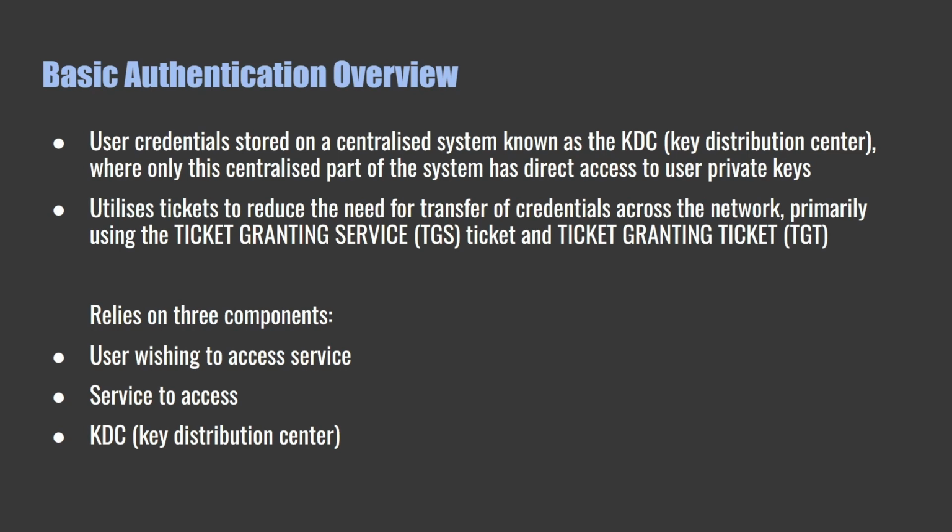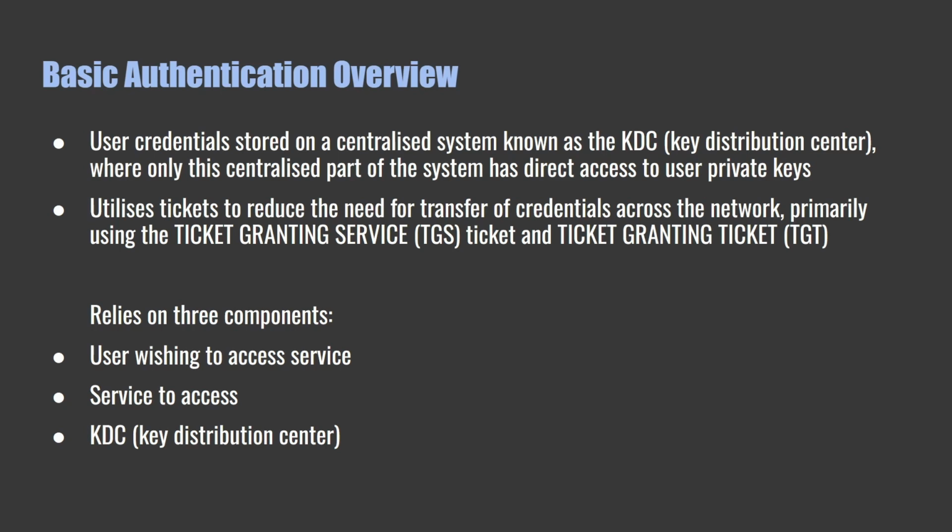As I've already explained, it utilizes tickets to reduce the need for transfer of credentials across the network, primarily using the ticket granting service TGS ticket and the ticket granting ticket. There are multiple types of ticket. These are the two that you're generally going to see.